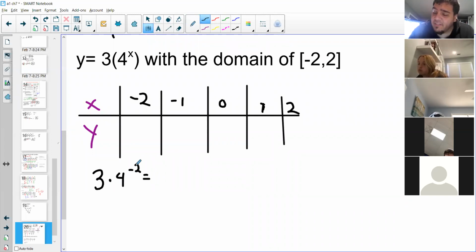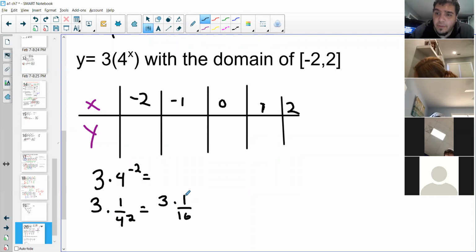Once again, since it's a negative exponent, I'm going to bring it down. So it's 3 times 1 over 4 to the +2 power. Now I can rewrite 1 over 4 to the second power as 1 over 16.